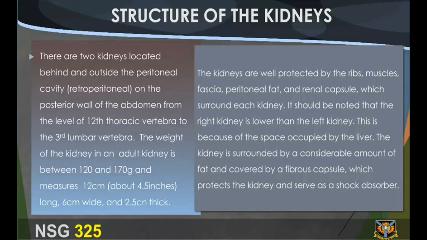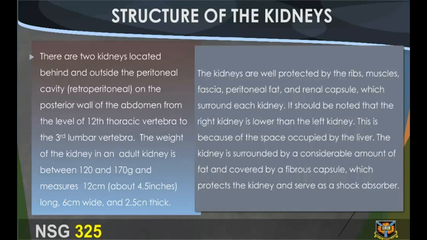Structure of the kidneys. There are two kidneys located behind and outside the peritoneal cavity, retroperitoneal, on the posterior wall of the abdomen from the level of the 12th thoracic vertebra to the 3rd lumbar vertebra. The weight of the kidney in an adult is between 120 and 170 grams, and it measures 12 centimeters, about 4.5 inches long, 6 centimeters wide and 2.5 centimeters thick.